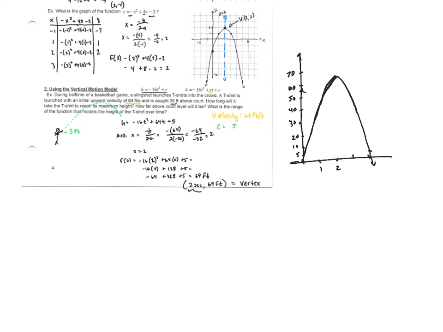So what is a good range and domain? My domain is going to fall from here to here. What is a good range? Well, what is the highest value that I reach in my height? My height is going to be less than or equal to 69 feet.